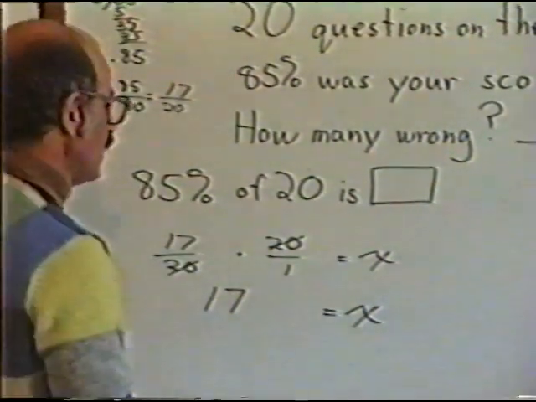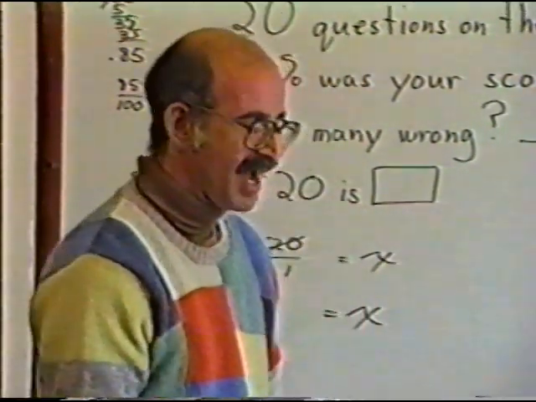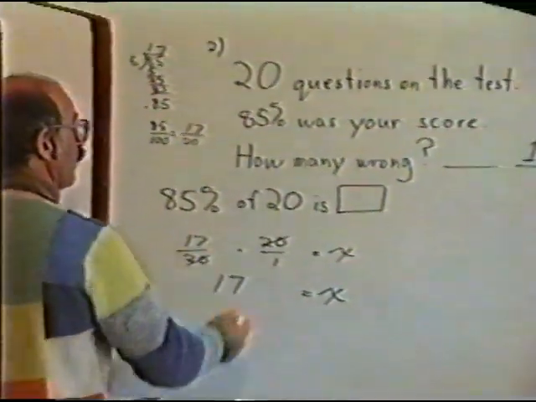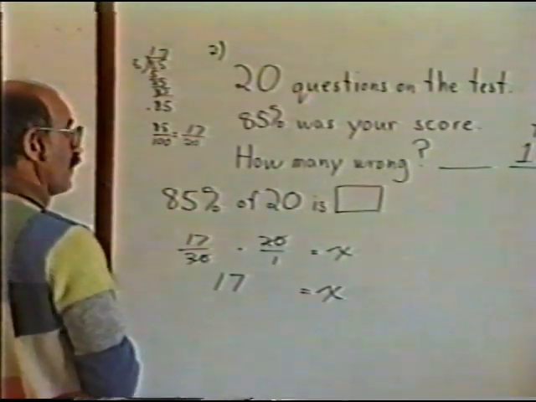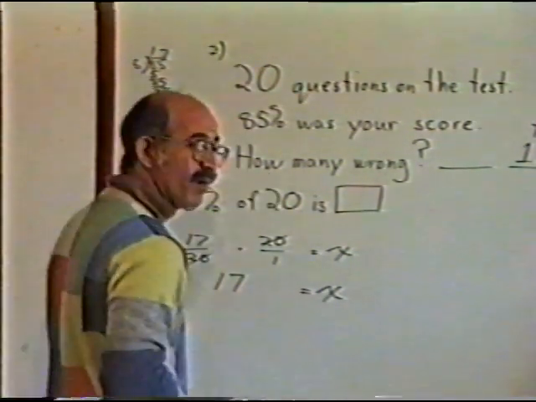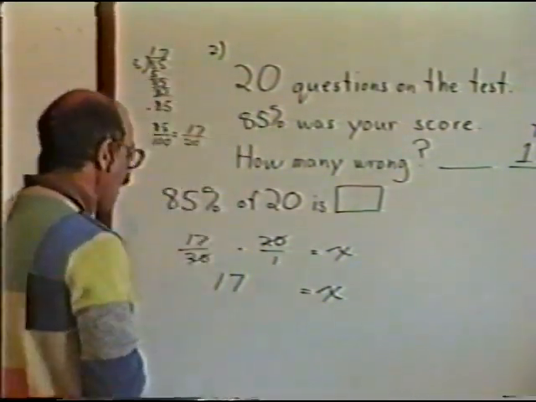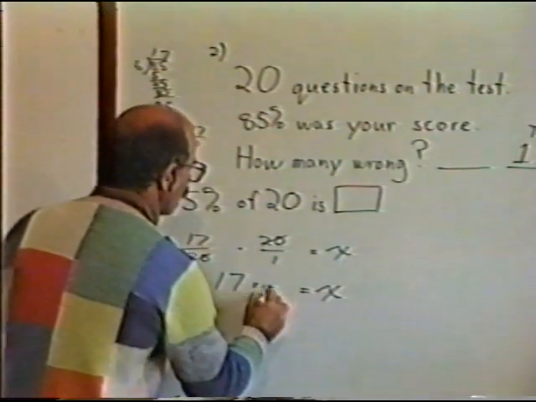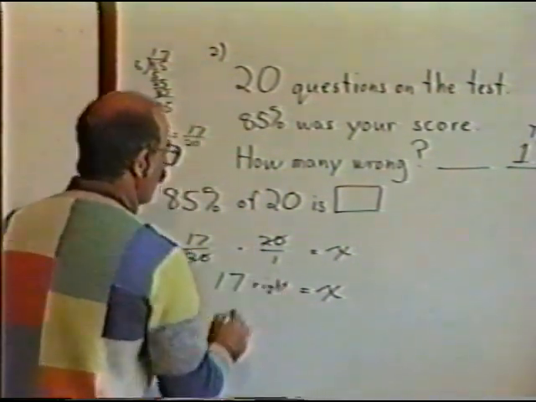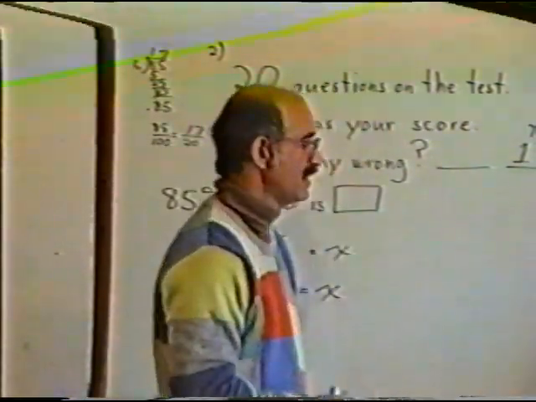But 17 is the number that we got right. And we're being asked how many wrong. We know it's the number we got right because your score, the percent, is about how many you got right. So this is 17 right. So, because we have a curveball, we have one more step.